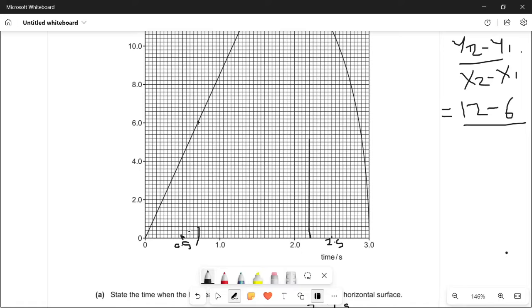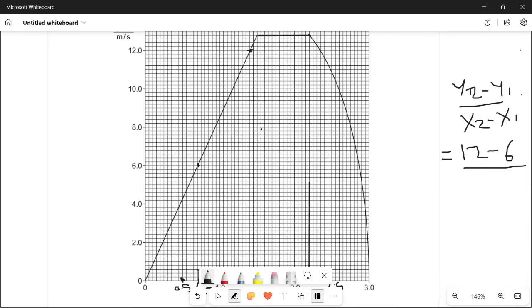So it's 1, 2, 3, 4 boxes. So the answer is going to be 0.7. So over here is going to be 0.7. This 0.7 represents x1, which is relating to the 6 on the y-axis. So to find the next one, we can go down.